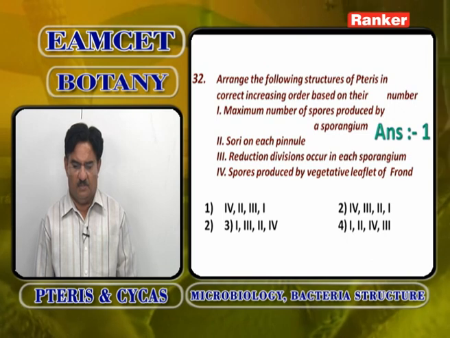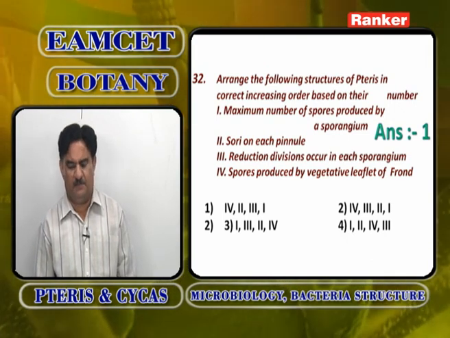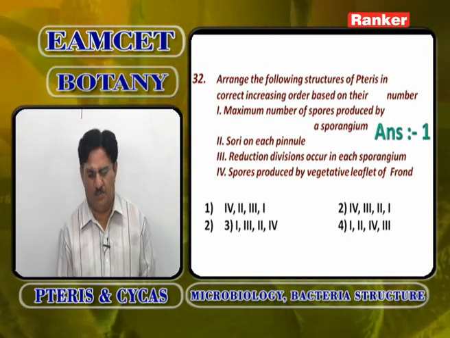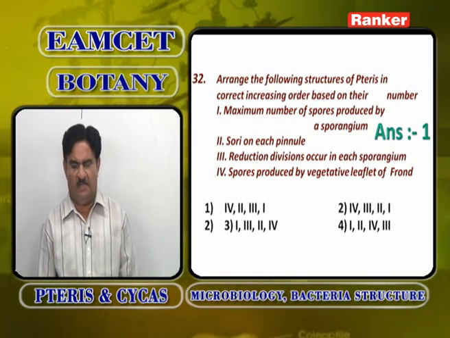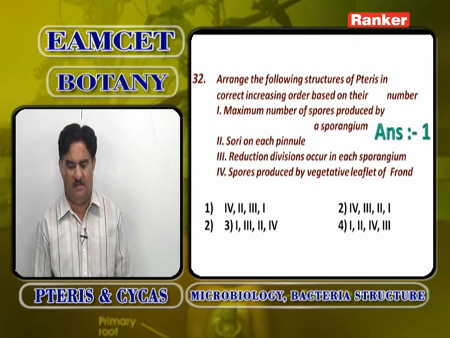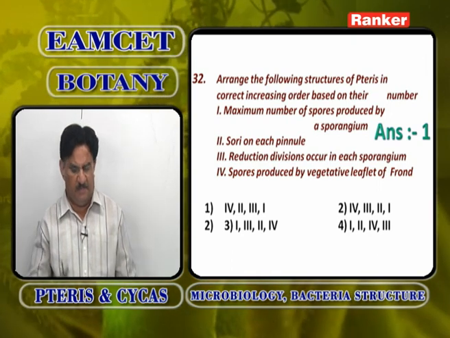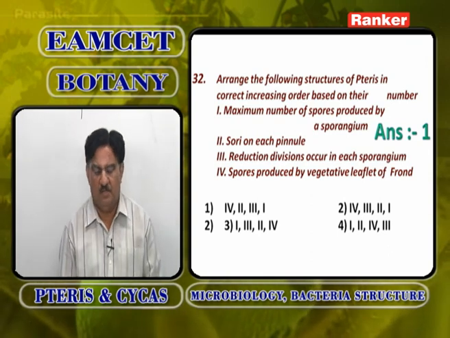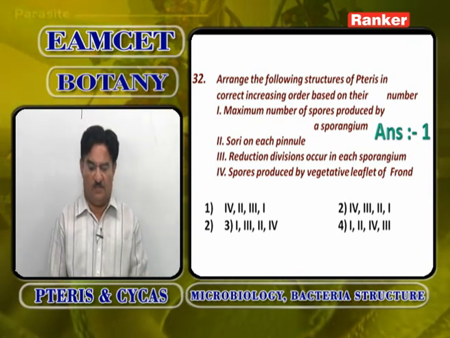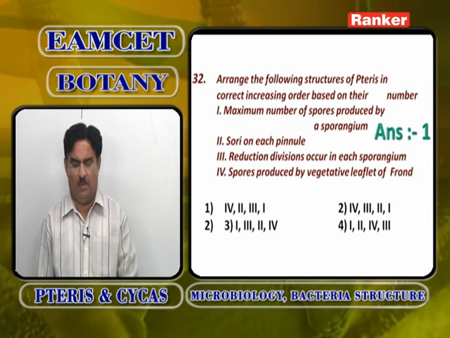Then sori in each pinnule are 2. Reduction divisions in each sporangium are 12, and the 12 reduction divisions result in the formation of 48 spores, the maximum number. So, 0, 2, 12, 48. So, answer is 4, 2, 3, 1.